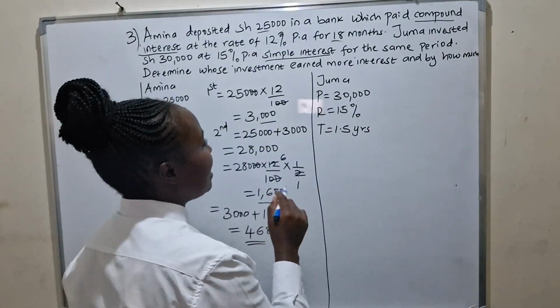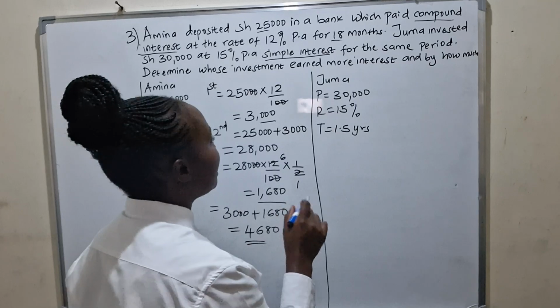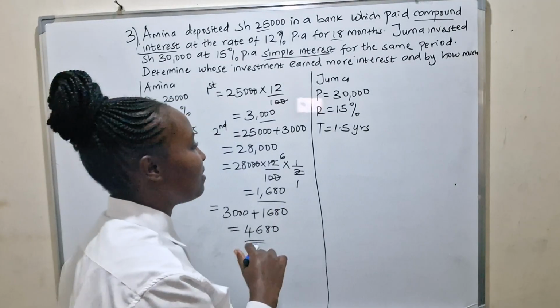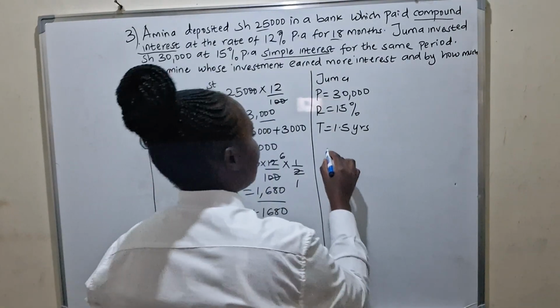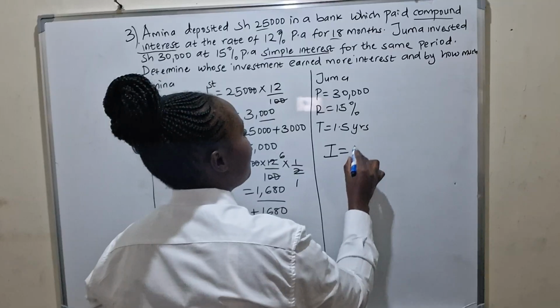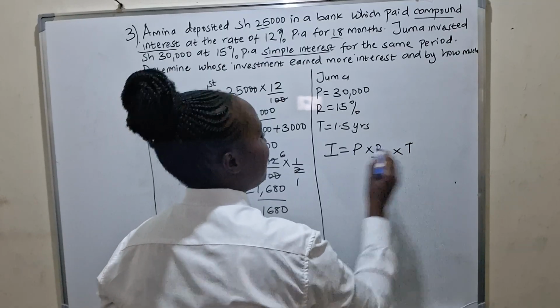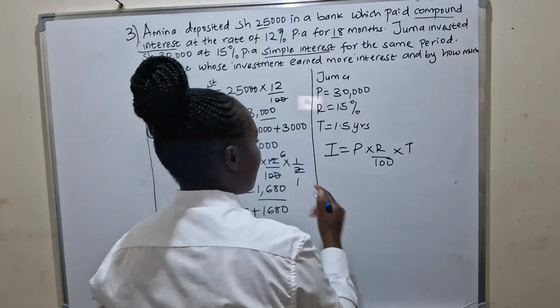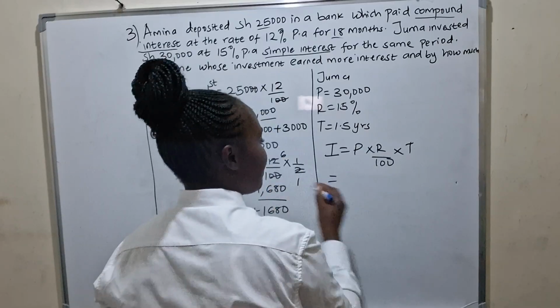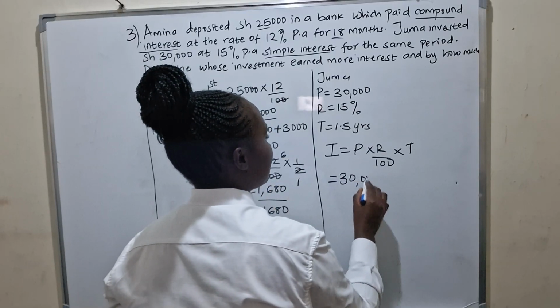Now, the formula of simple interest and compound interest, they are quite different. So for the simple interest we do principal times rate over 100 times time just once, okay? So in this case, we have 30,000 as our principal.